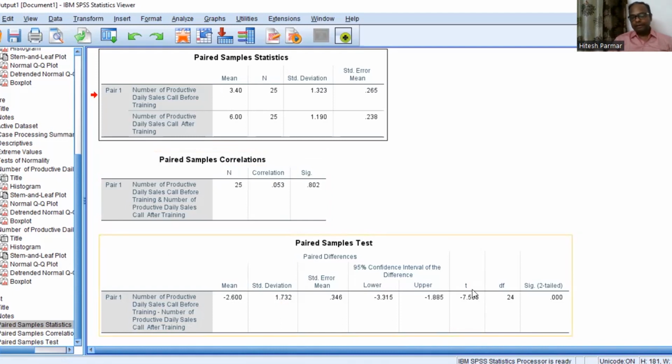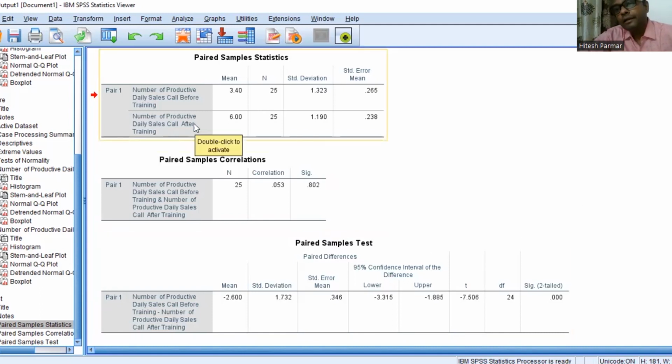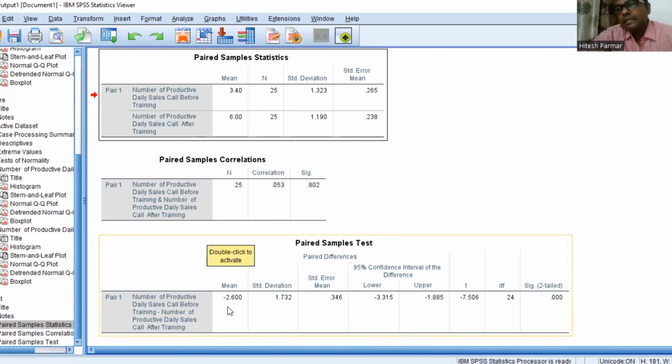Third, if your T calculated is negative, then also you can confirm the improvement. So if the P value is less than 0.05, then after mean greater than before mean, negative mean difference, and negative T calculated all indicate improvement. In this way, there are multiple ways to see the improvement.